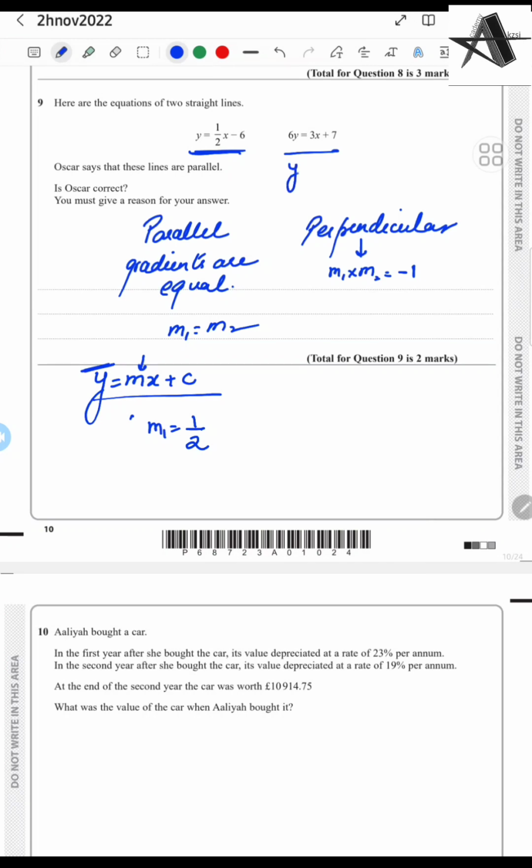So we get y equals 3 over 6 x plus 7, which is half x plus 7. That means the gradient of this line is half as well, so they both are equal. That means they are parallel. So is Oscar correct? Yes, Oscar is definitely correct. And what's the reason? The reason is that they both have the same gradient. So the answer would be yes, they both have the same gradient.